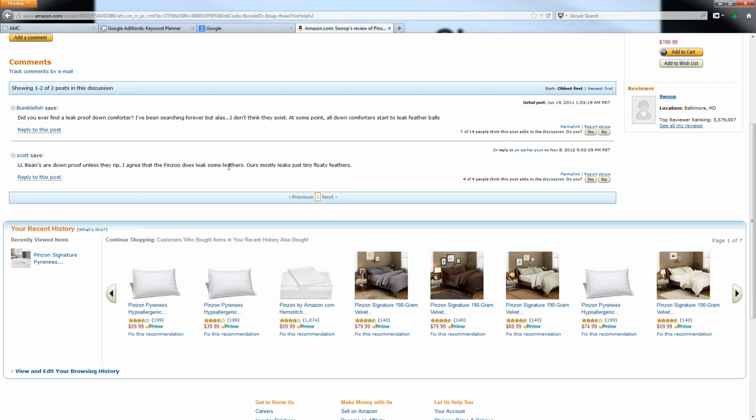But then they go on to say that Penzon comforters do leak some feathers, but it's really just tiny little floaty feathers that essentially are able to work their way out of the threading of the entire cover of the comforter. So while it seems to be a problem for this particular product, it also seems to be a problem that is essentially common throughout the entire down comforter industry, simply because of what it's made with and how these products are constructed.